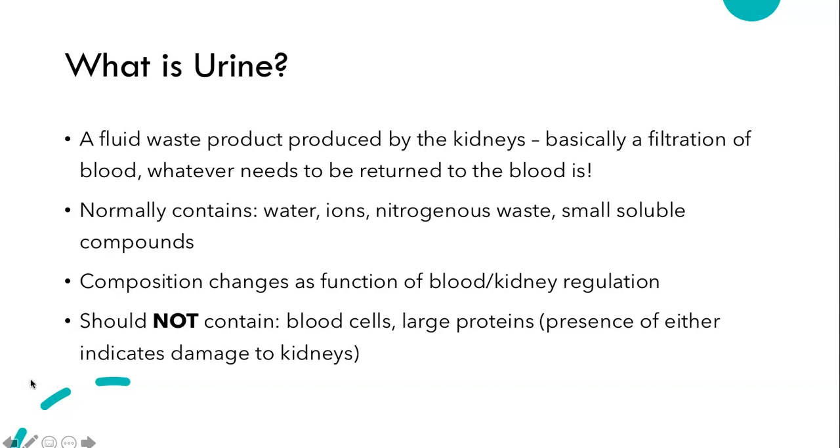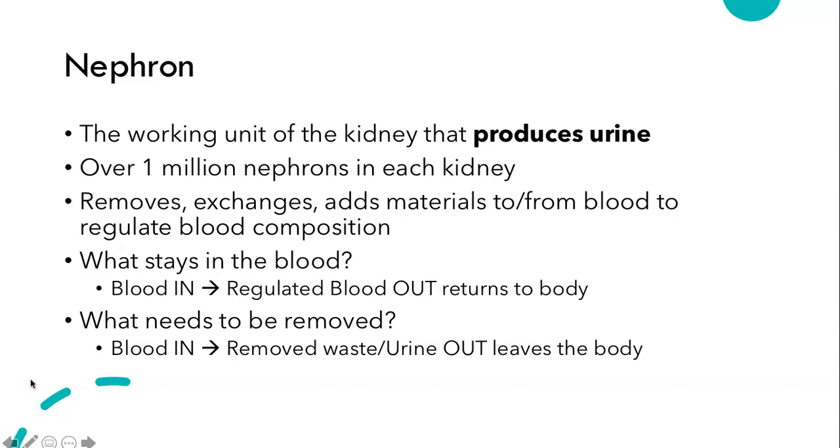Composition will change as a function of blood and kidney regulation. So if things are going on in the body, composition of the urine can change. What it should not contain are blood cells and large proteins, and presence of either of those would indicate damage to your kidneys.